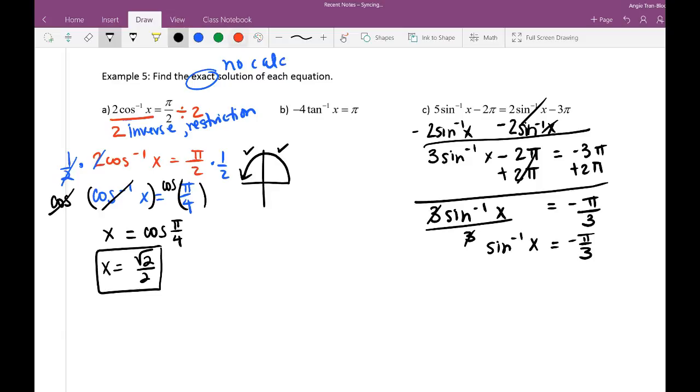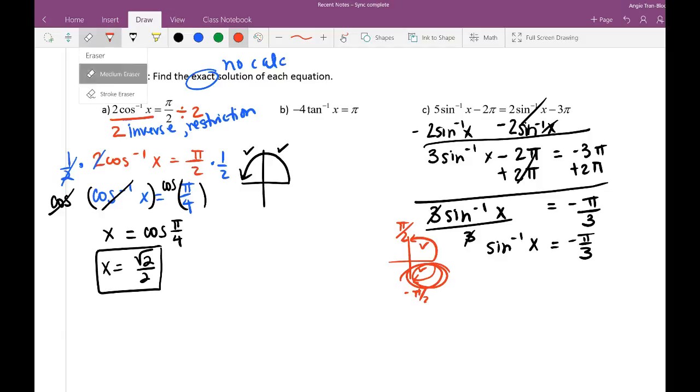Now let's talk about the restriction of sine inverse. Sine inverse is restricted to quad 1 and quad 4. So remember, from negative pi over 2 below to positive pi over 2 above. This is a negative pi over 3, so it has to come from quadrant 4.